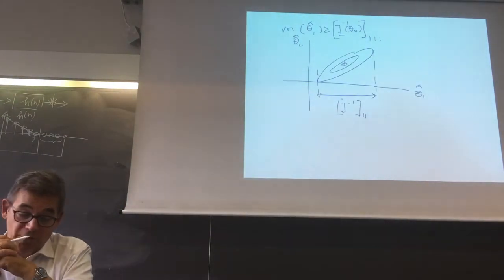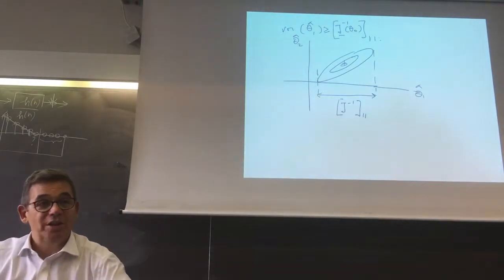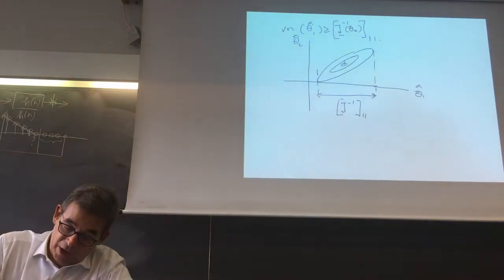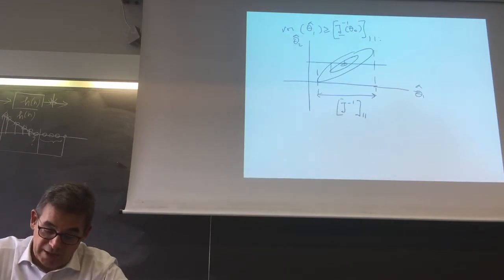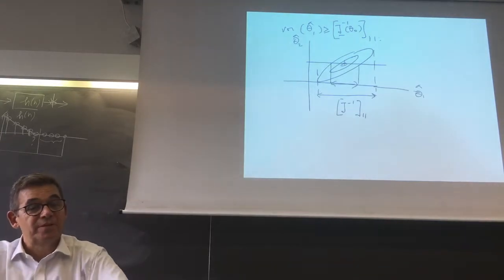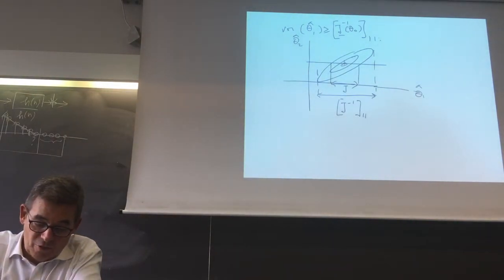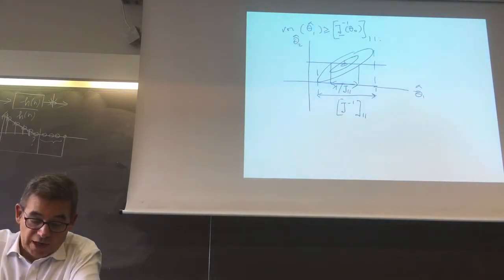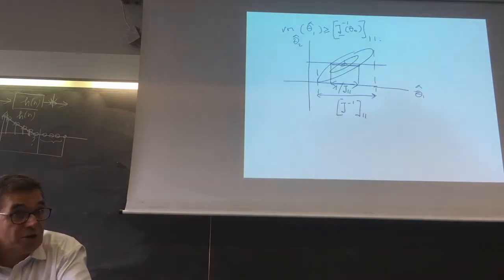Now, if you are not lucky that the parameters are decoupled, then a very nice trick that you can use is the following. You can imagine that the other parameters are known, and then you calculate this as a bound. This bound is simply 1 over J11. So calculating this distribution means I'm assuming that theta 2 or the other parameters are not there.